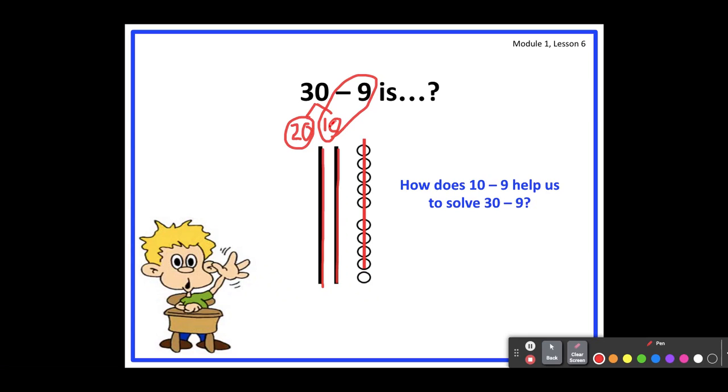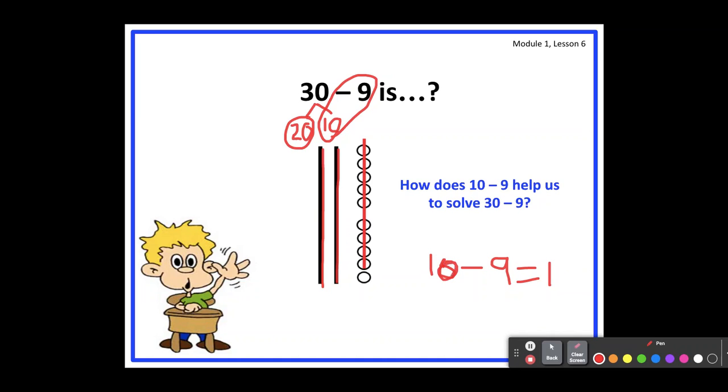We're using 20 and 10. So the strategy here is for you to break apart your digit with a 10. So one of your number parts should be a 10. And then we subtract 10 minus 9, which we know equals 1. Sorry if this number looks like a 6.